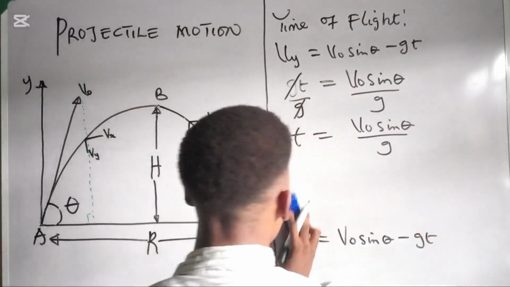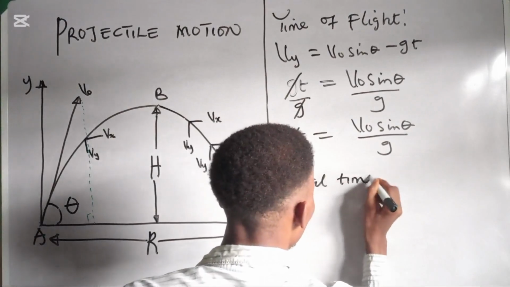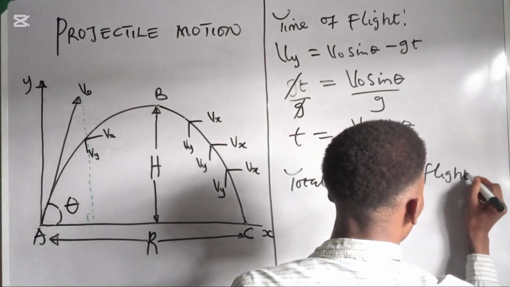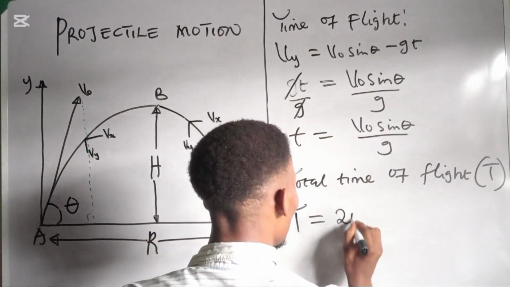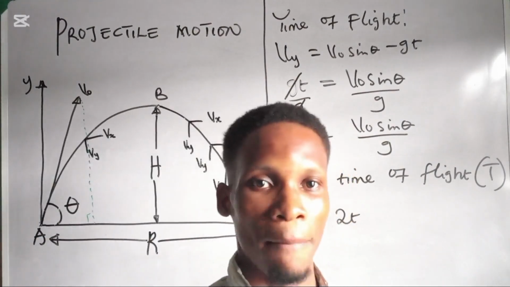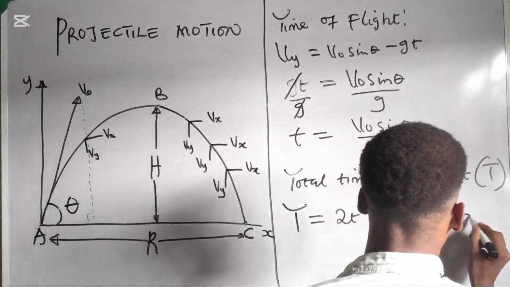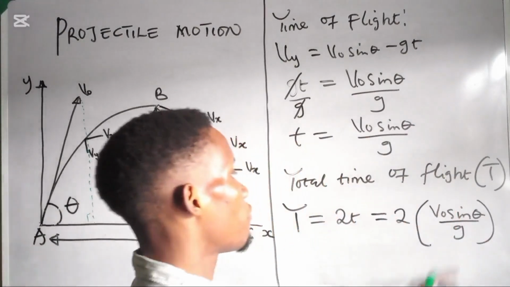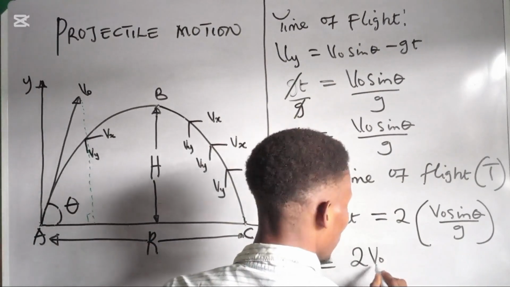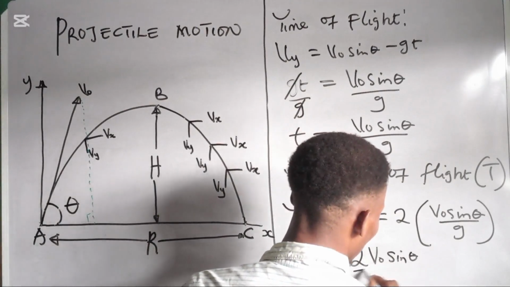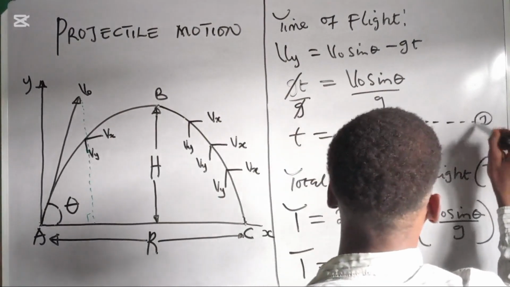So now, to get our maximum total time, we say that total time of flight is represented with capital T. This total time of flight is given as 2t, which is the time of flight itself multiplied by 2, which gives us 2 multiplied by V naught sine theta all divided by G. So this is the formula for the total time of flight: T equals 2V naught sine theta all divided by G. We can call this equation 2 or whatever you can name it.